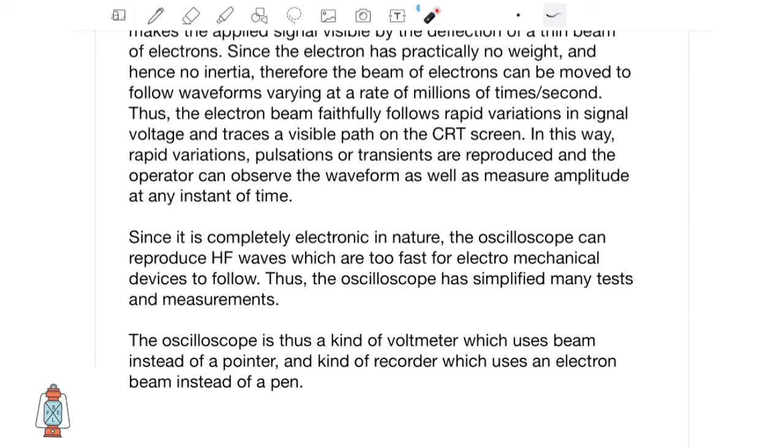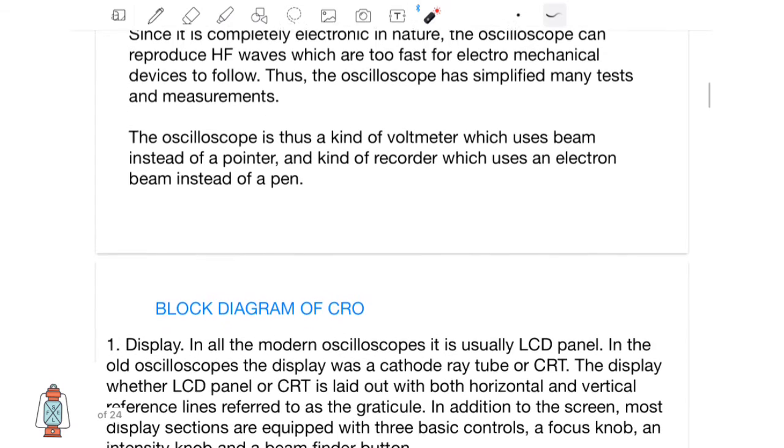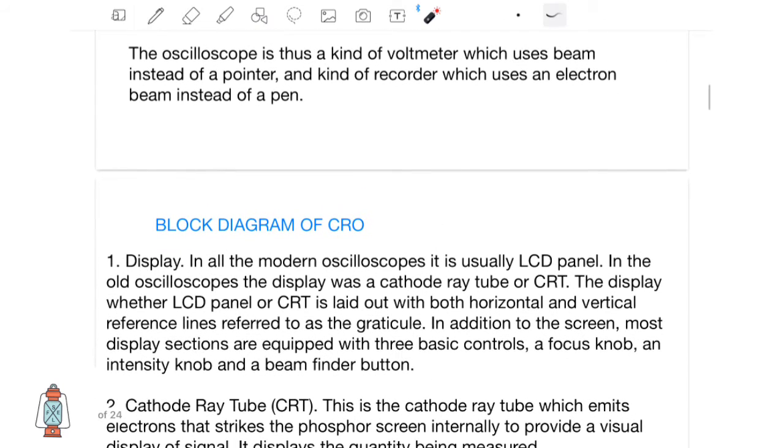It can store the graph you obtained on the screen. So if you go the next day to the lab, you need not design your whole circuitry again. You can just go to the storage mode and see what you did yesterday. So the modern advanced one also records and stores. So you can call it a voltmeter which has a beam instead of a pointer.